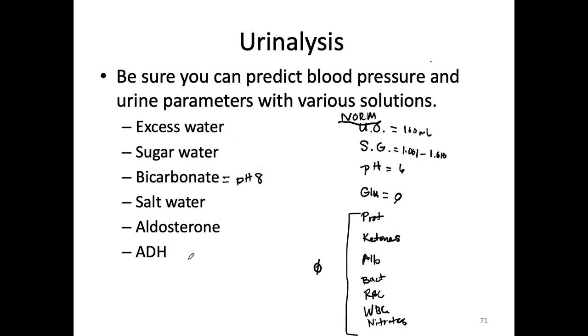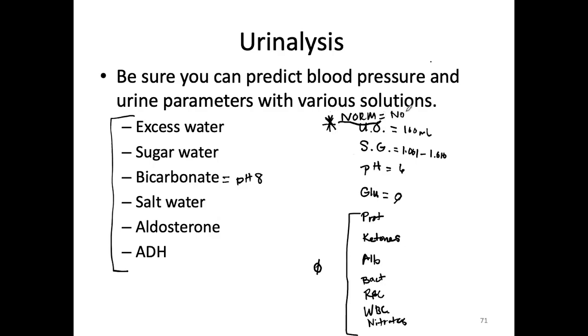Aldosterone and ADH. So you should be prepared to discuss these for lecture and for lab. Figure out what normal is, right? And I gave you the data. So I gave you data on the urinalysis lab so that you can figure out what normal values are. So normal values would be your no treatment person, right?